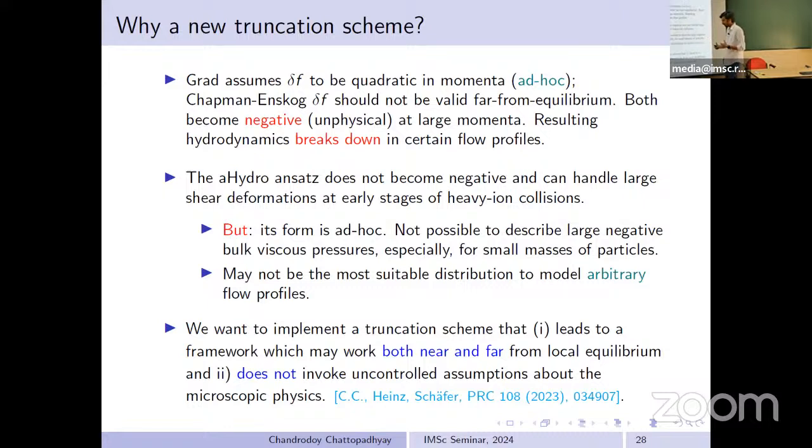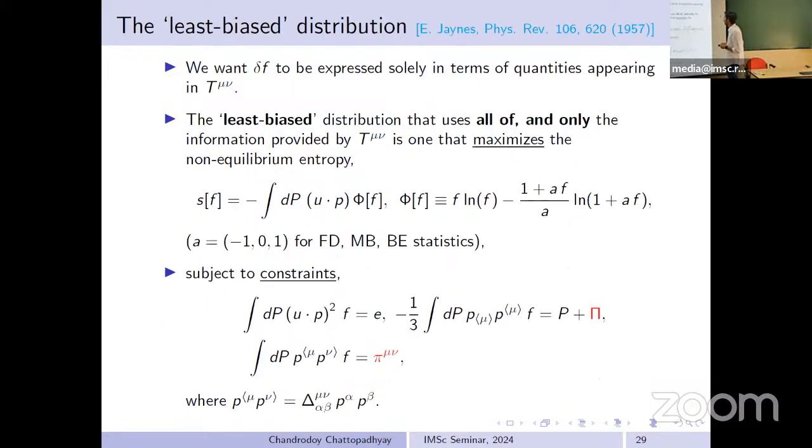So we want to implement something that can work in more general conditions than very one-dimensional early time expansions and so on. So what we appeal to is the most probable distribution. We want this delta f, this off-equilibrium correction, to be expressed solely in terms of quantities that appear in T^{μν}.